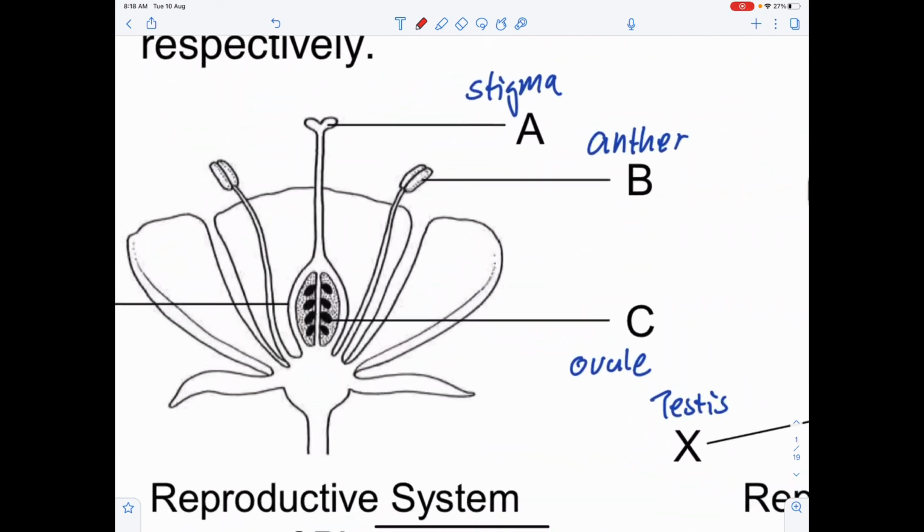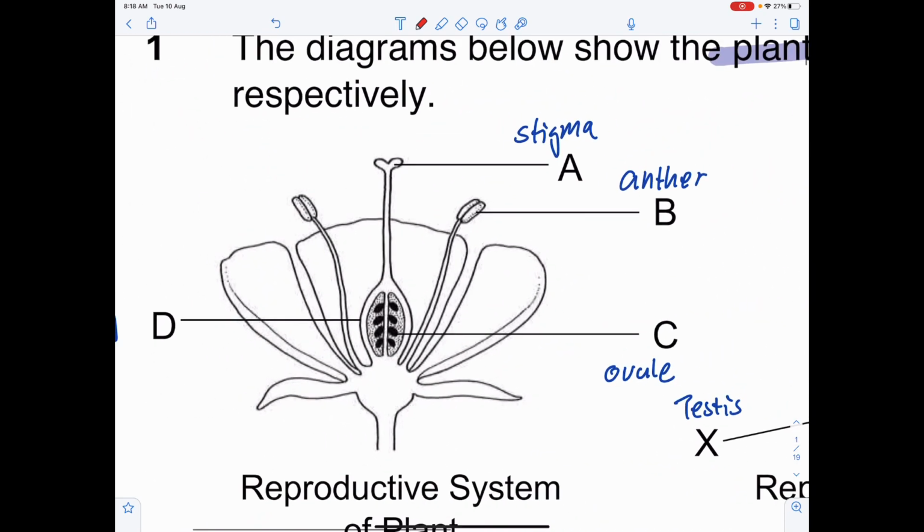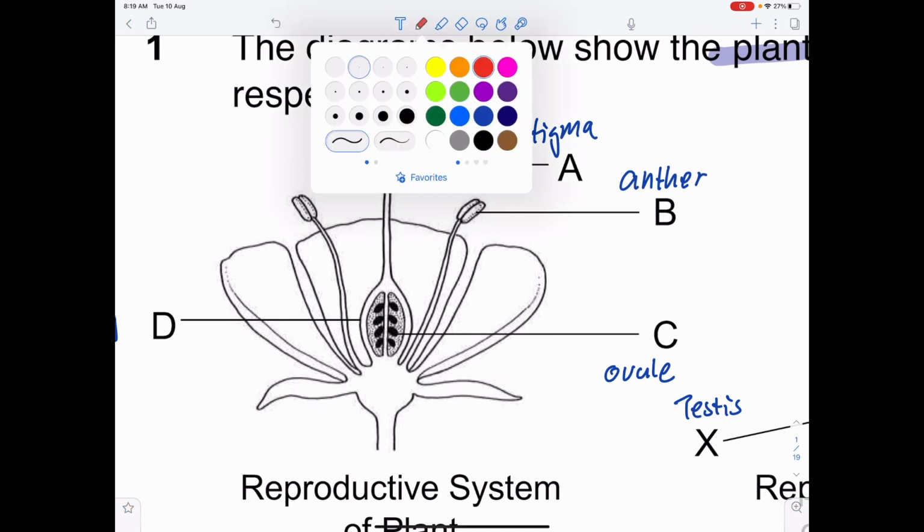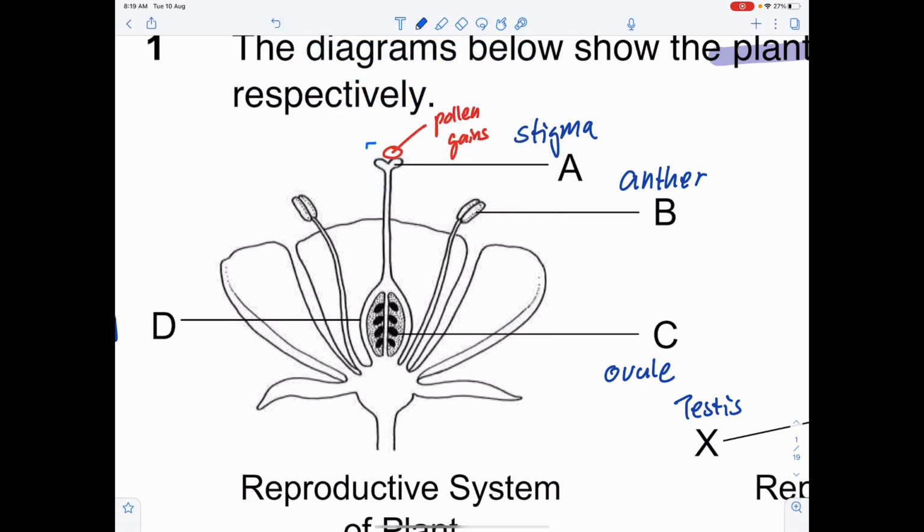So the same thing over here. Do note that fertilization for plants also happens in the ovary. A lot of students have this misconception that once your pollen grain lands on your stigma, the plant is considered fertilized. No, this process of the pollen grain landing on your stigma is known as pollination.